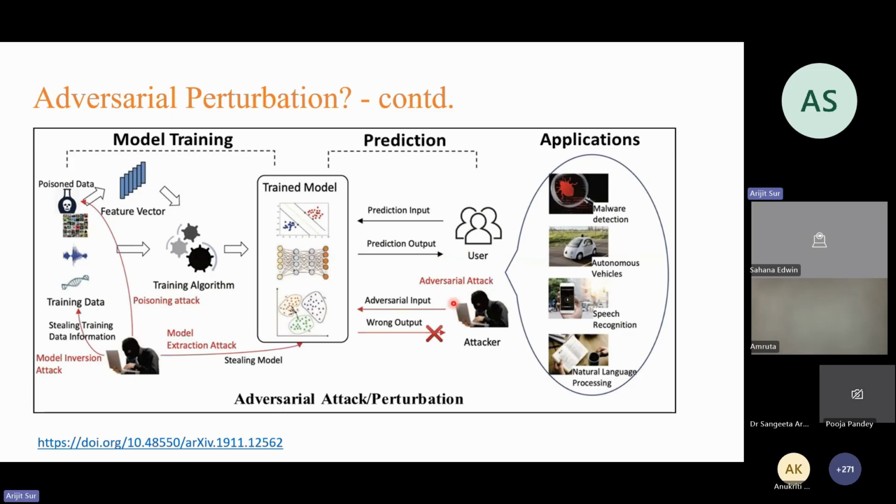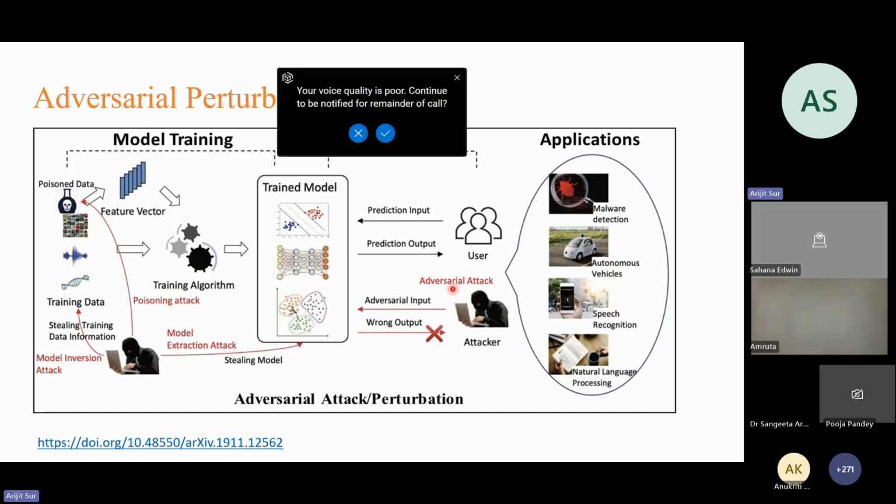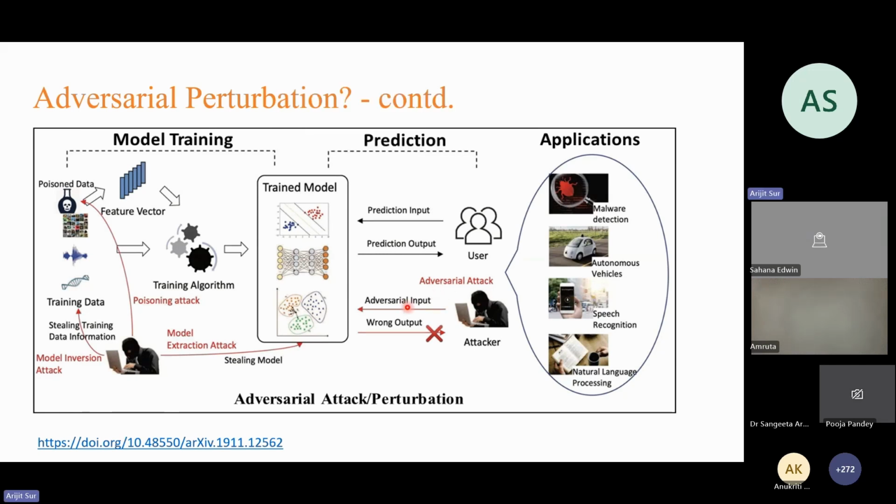Now, what is done by the adversary? The adversary puts some inputs into these particular images. Whatever images they are, there are different ways of doing it. We'll come to what the different ways of doing this are.